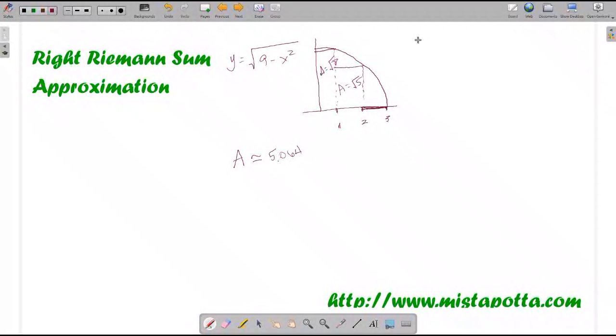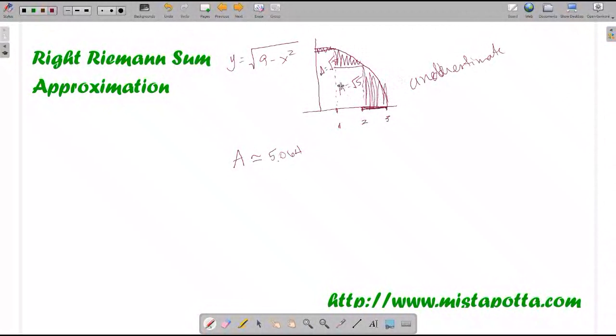And I can tell here that this is an underestimate, because there's area here that I am ignoring that should be part of my answer, but isn't.